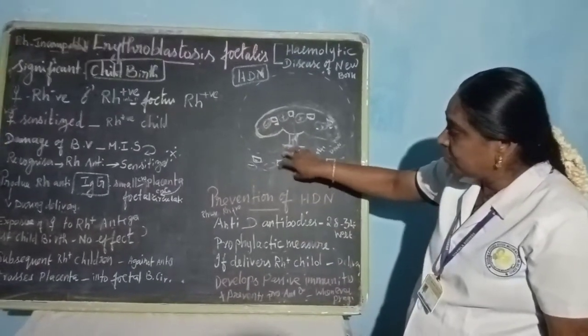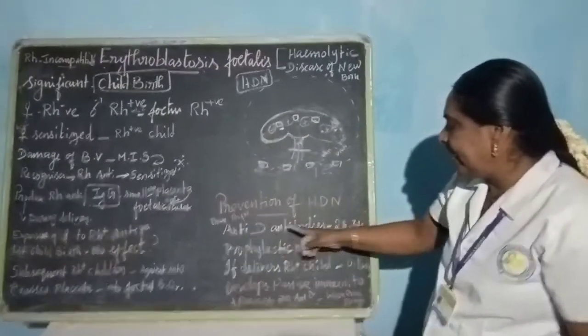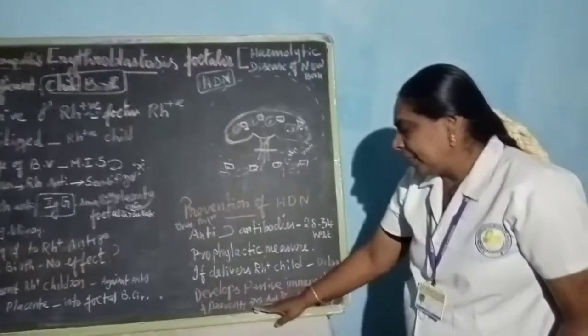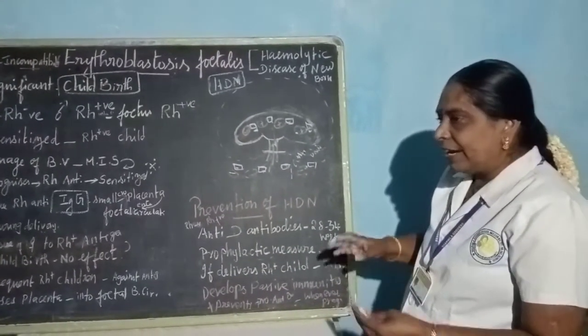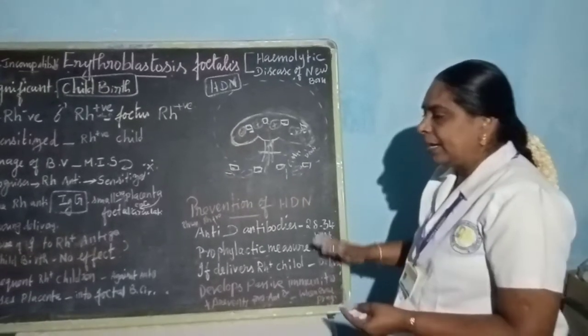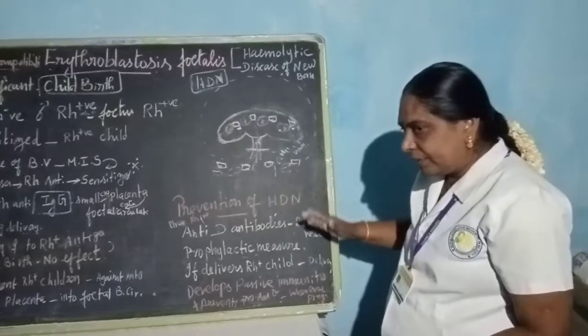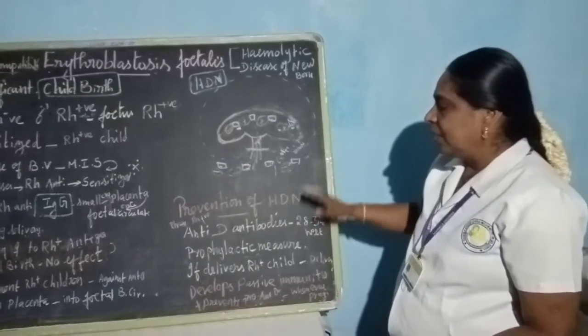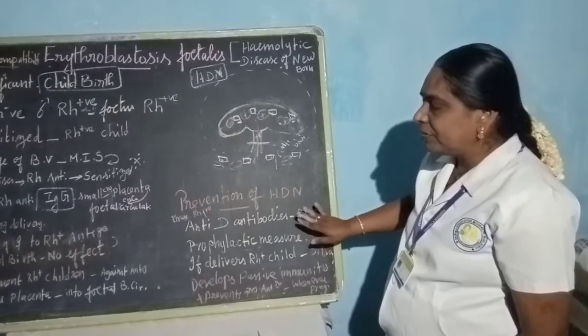The antibodies are what cause the damage. So whenever an Rh negative woman becomes pregnant, she has to follow the same preventive measure.